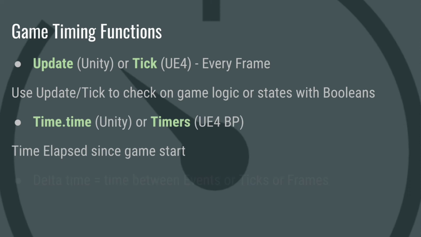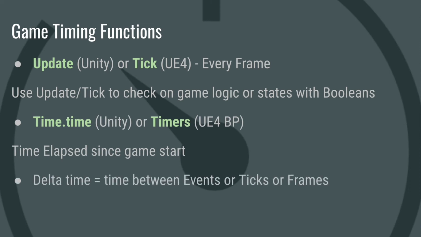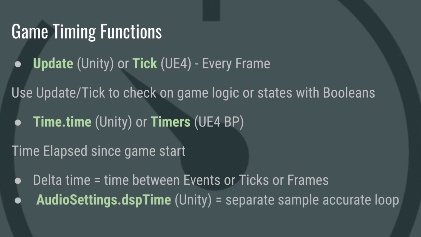That can be done, as long as you're not dealing with musical timing and very, very precise kinds of timing. If you are, it's helpful to have some kind of sample accurate timing. These would be for music-based games and things like that. So that's the idea there.